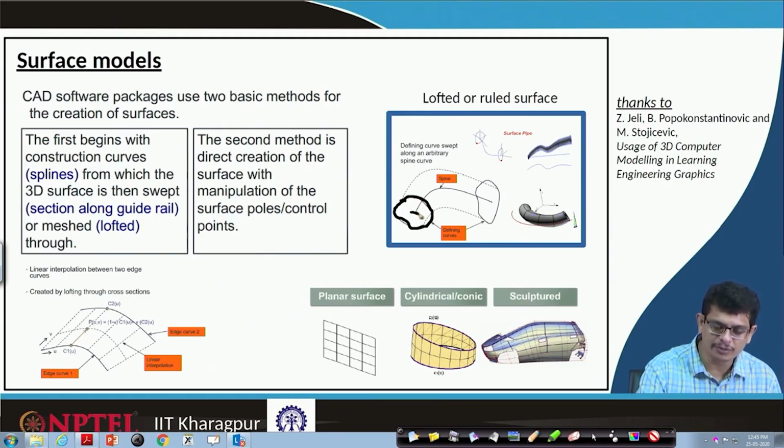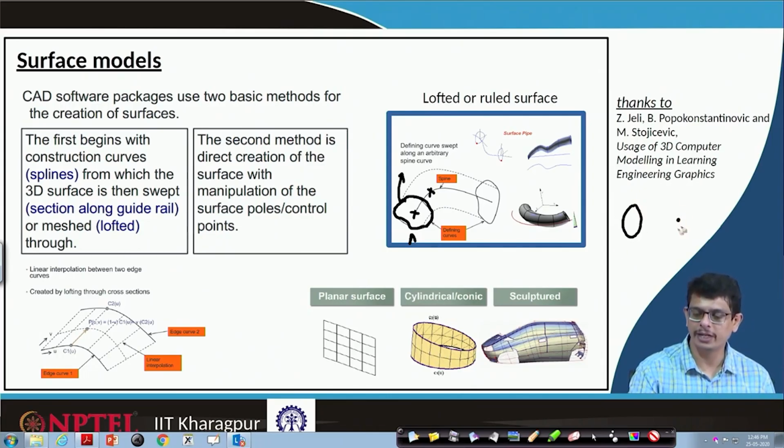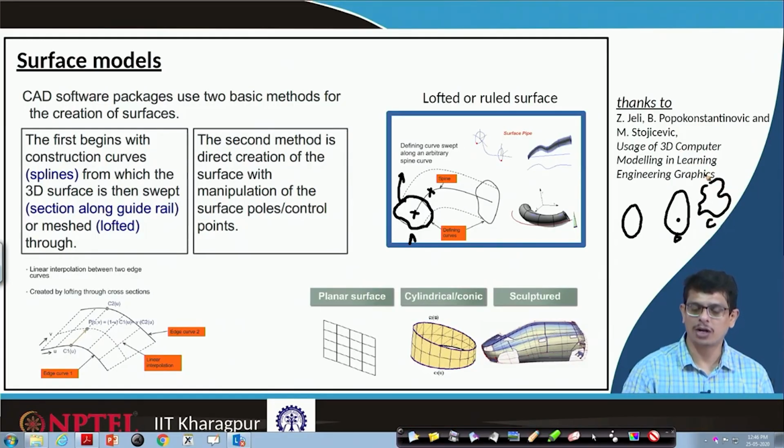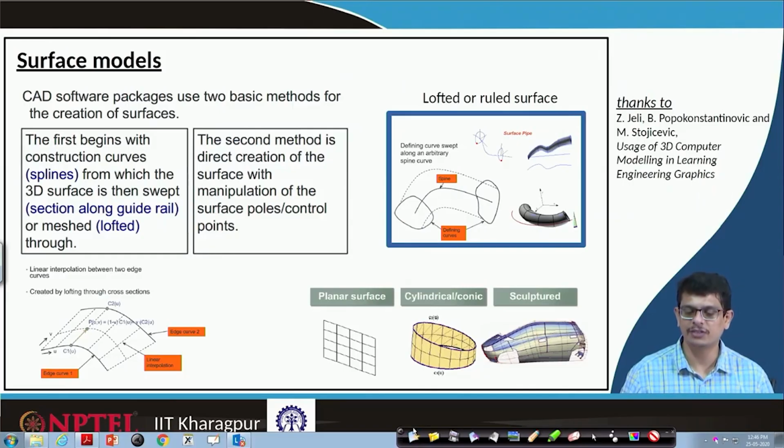As it is moving from this point to that point, the shape of that curve might be varying. That is why we are calling it a parametric curve. Maybe initially at point A, it might be in circular format. At point B, it might be elliptical in shape. At point C, it might have something like a star kind of form and so on. So, if we move such a parametric curve along a spine curve, then also we will be in a position to get a particular kind of surface. That kind of surfaces we call lofted surfaces.